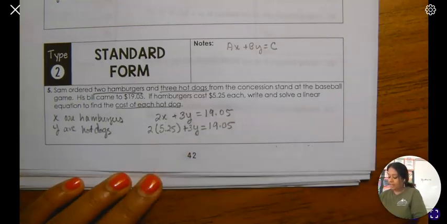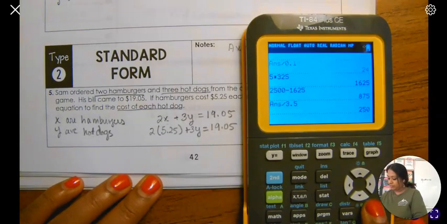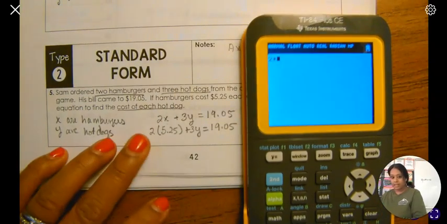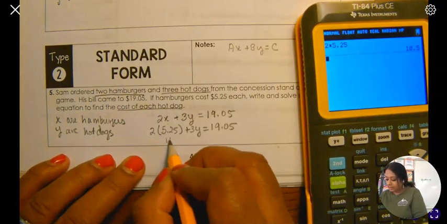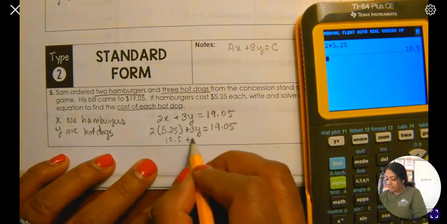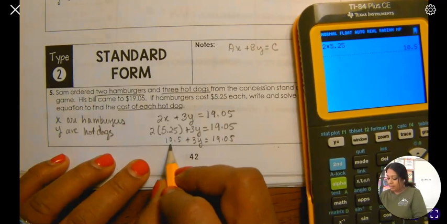So 2 times 5.25 is $10.50 plus 3y, bring all this down, and then move that over.